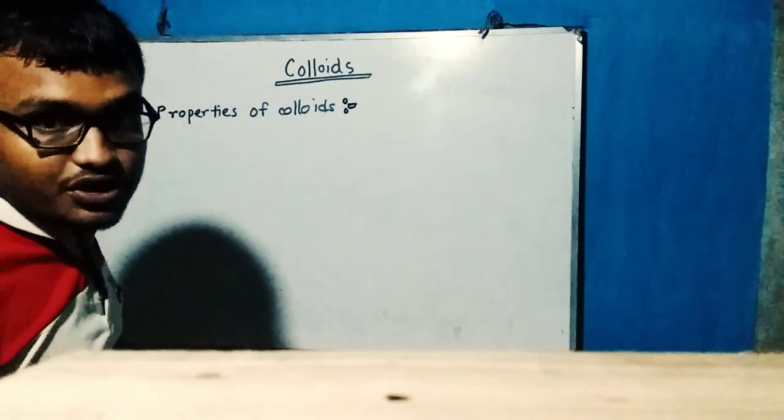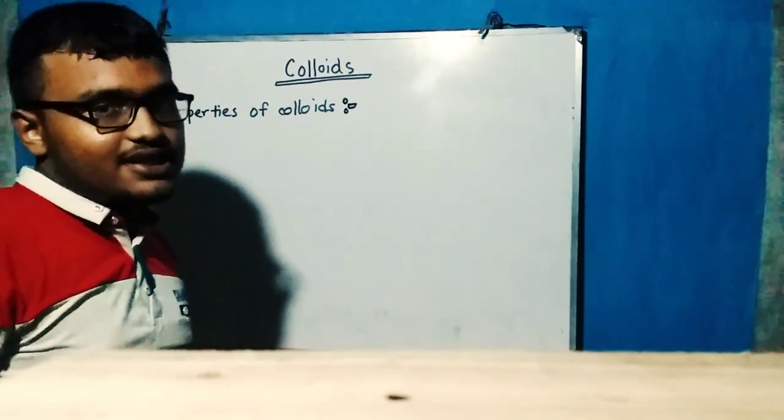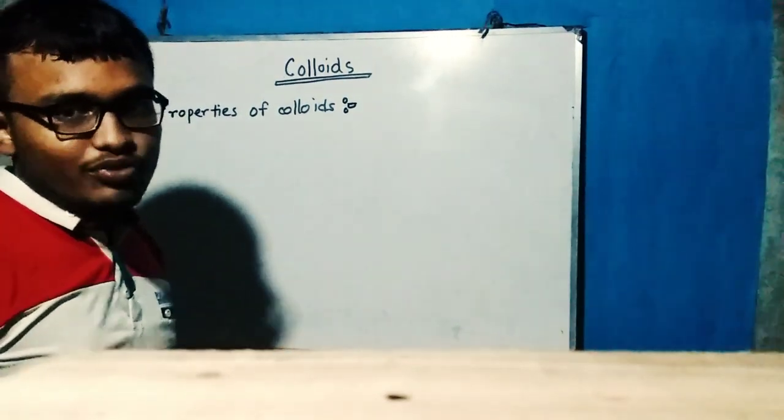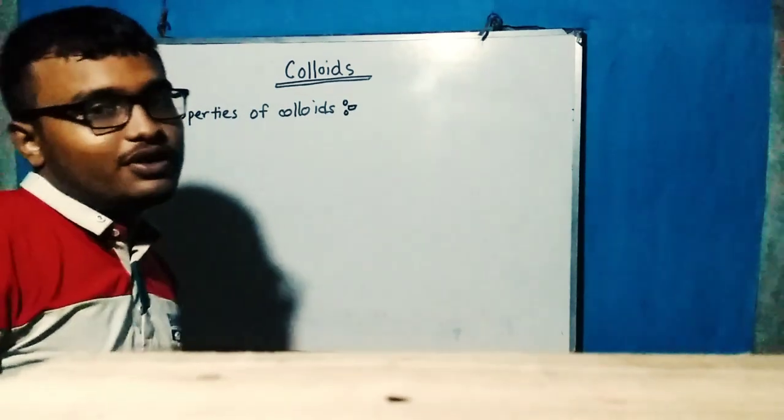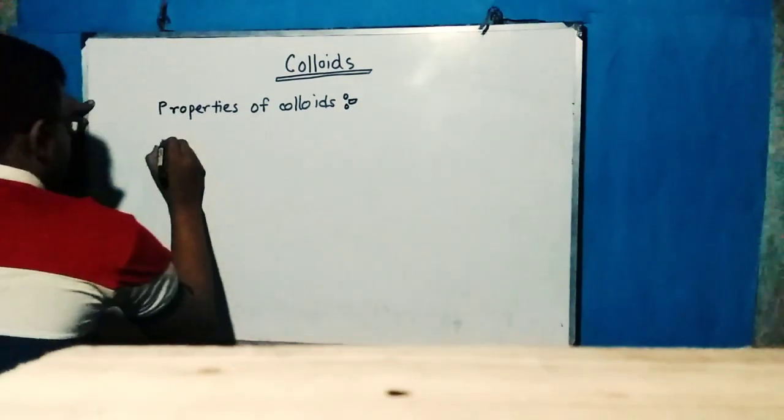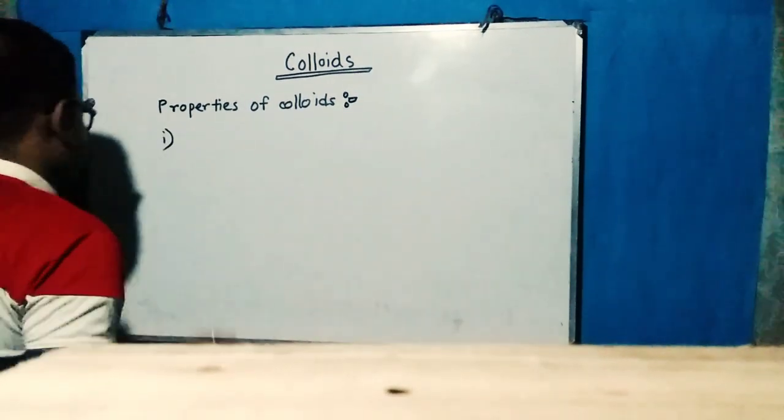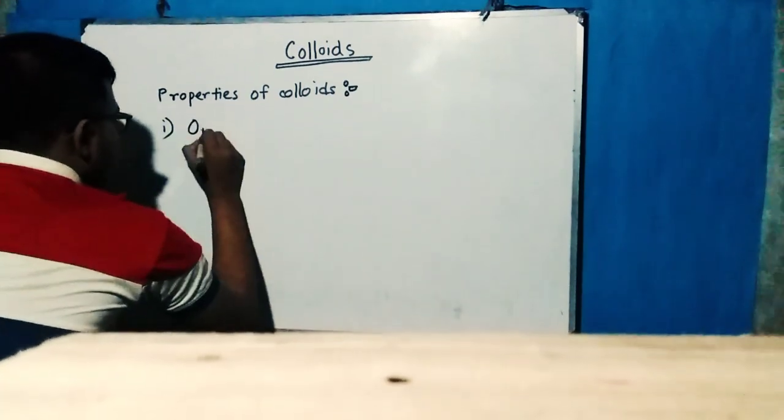We know three properties: optical properties, kinetic properties and electrical properties. Let's start. The first one is optical properties.